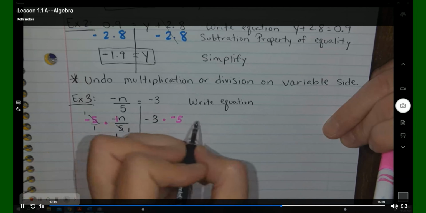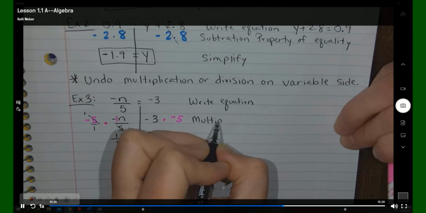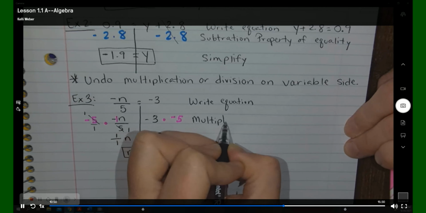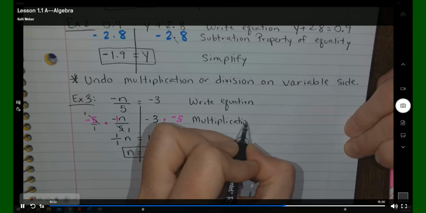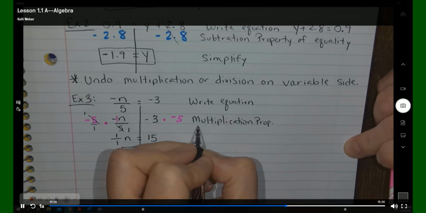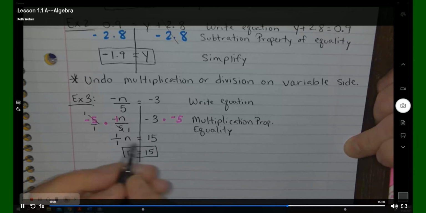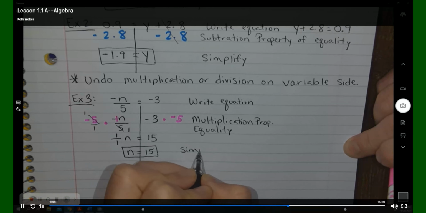This step right here is the, I bet you can't guess, multiplication property of equality. I'll just do prop for abbreviating it. And then the last is to simplify.